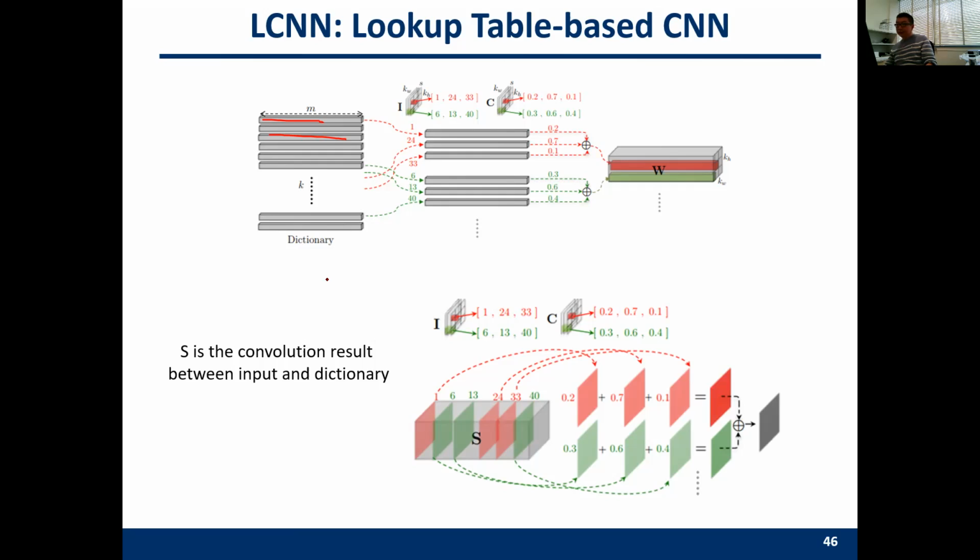So here is one example. Instead of having several millions of weights, we may only have several K bytes of dictionary. By looking up the dictionary entries and adding these entries together, we can dynamically construct some weights.